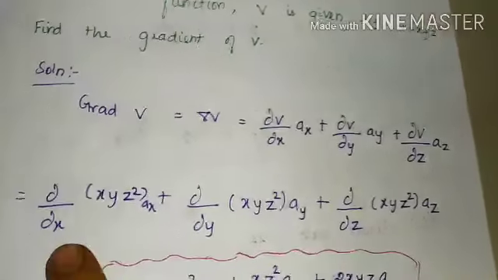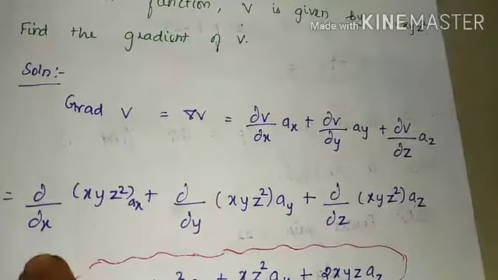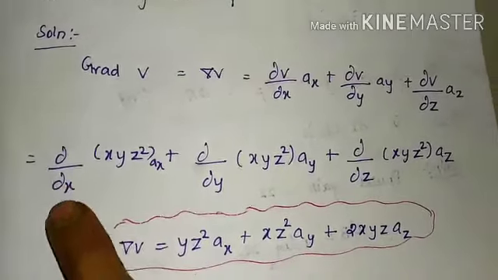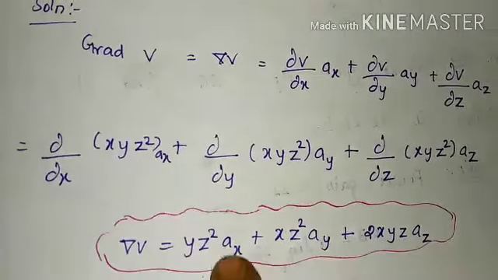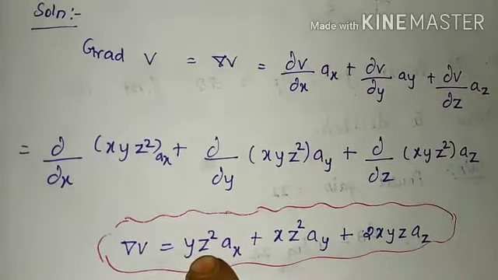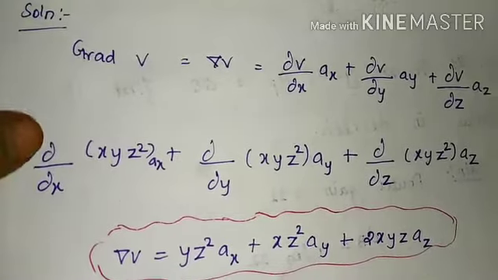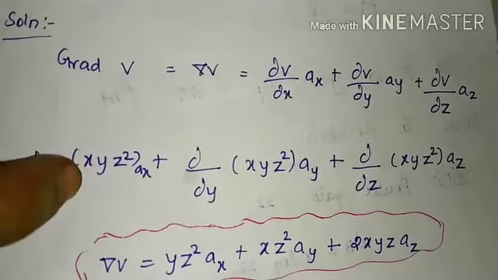Now how do we find dou by dou x? How can we differentiate in this sense? We have to differentiate only with respect to x. The remaining terms won't be differentiated and stay as they are in the answer. See here, dou by dou x of x y z squared, in this sense x alone should be differentiated.